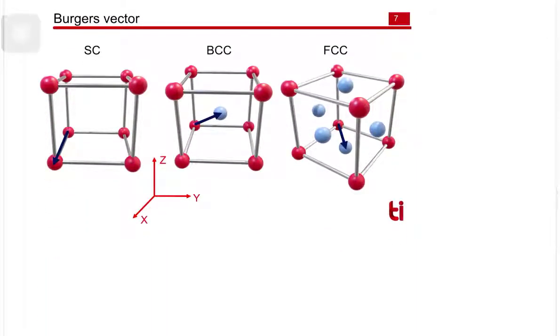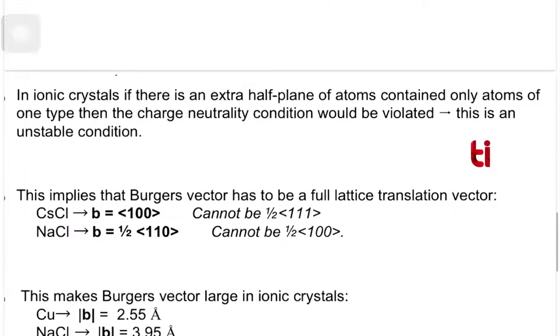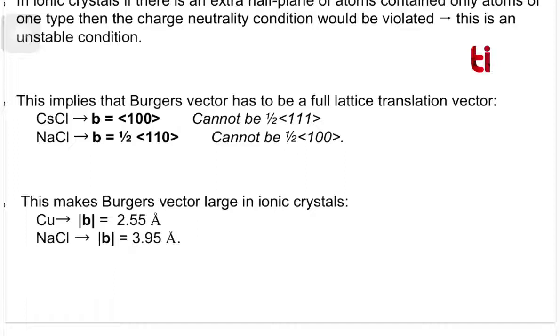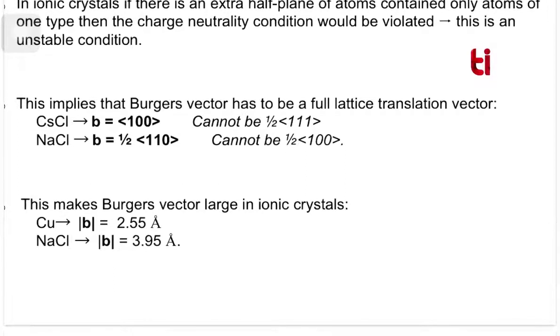As I discussed before, this is the BCC, this is the one direction half of 110, and here this is in the case of simple cubic. In an ionic crystal, as I told you before, an extra plane of atoms contains atoms of one type.